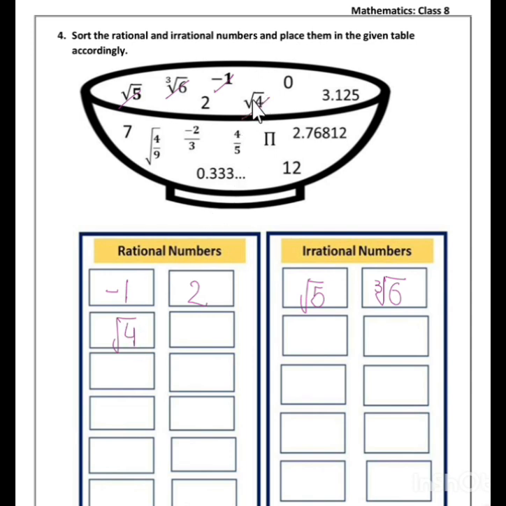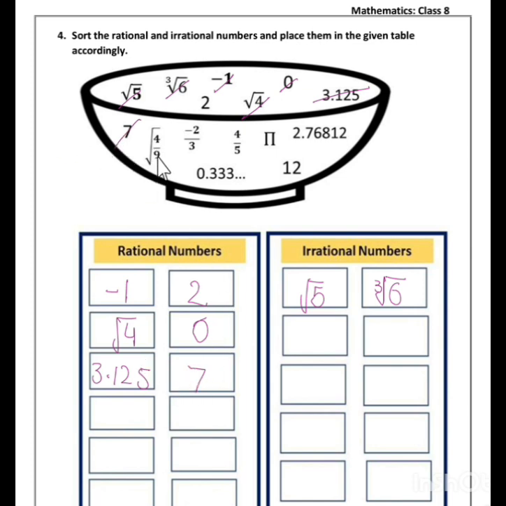Next is 0. We already know 0 is a rational number. Next is 3.125. It's a terminating decimal and hence a rational number. Next is 7. 7 is a natural number, so hence a rational one.